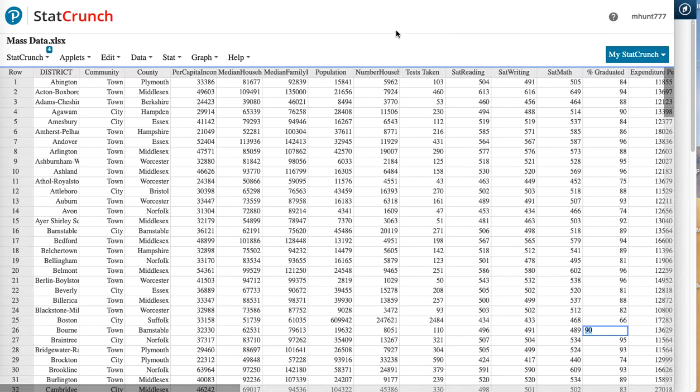So my sample data set is interesting variables across several school systems in the greater Boston area.